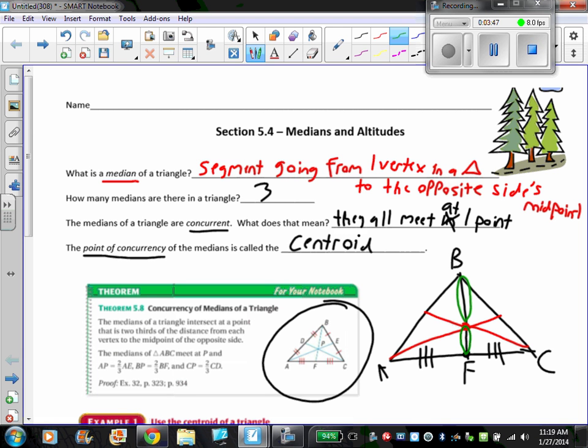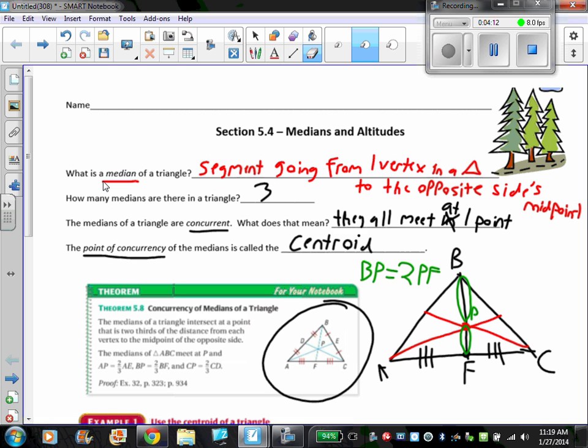And actually what we know is that the bigger segment is always going to be 2 times the size of the smaller segment. So let's call the centroid P as they do. What that means is that BP is 2 times the length of PF.